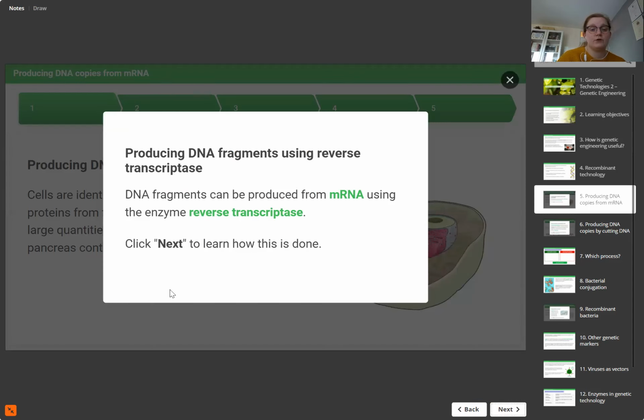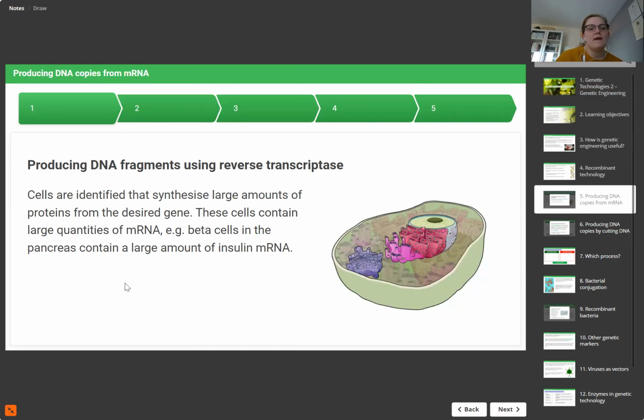So producing DNA fragments using reverse transcriptase, and that's what we're going to look at now, is how we make these little copies. We'll have a little talk about genome projects as well. When we make these DNA fragments that we're going to use for recombinant DNA further on, we make them using something called reverse transcriptase.